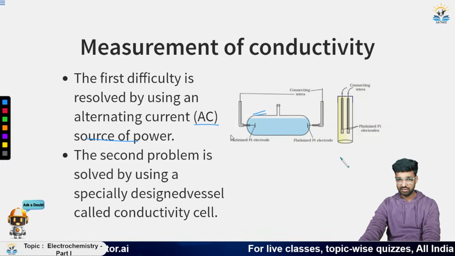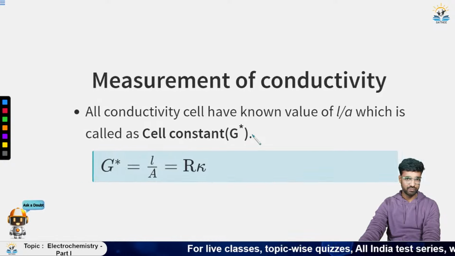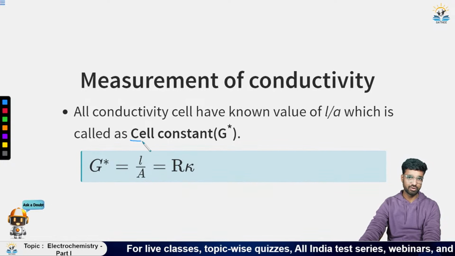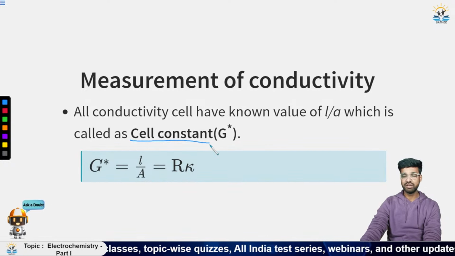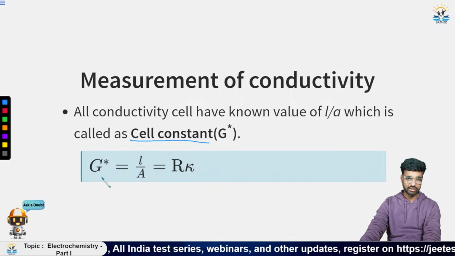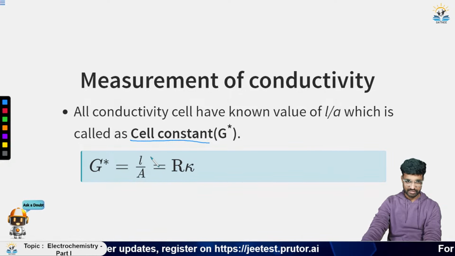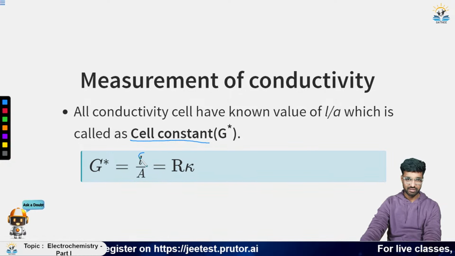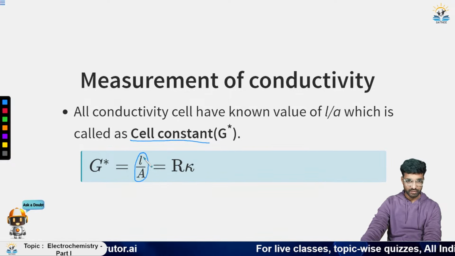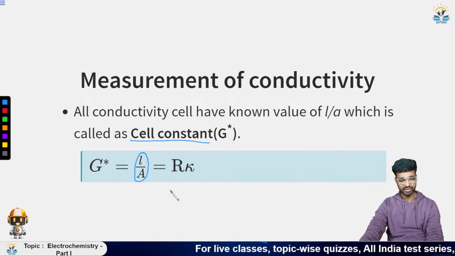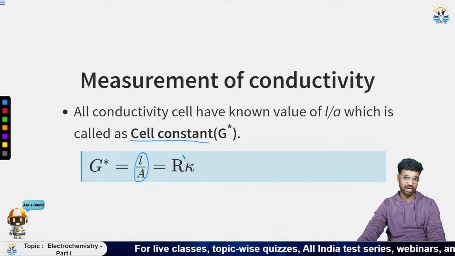For that, the one thing that is important is that we should be aware of the cell constant of the given conductivity cell. So what is the cell constant? It is constant for a given conductivity cell, and it is given by G star equals L by A. You can write it like this, that is equal to R into kappa.